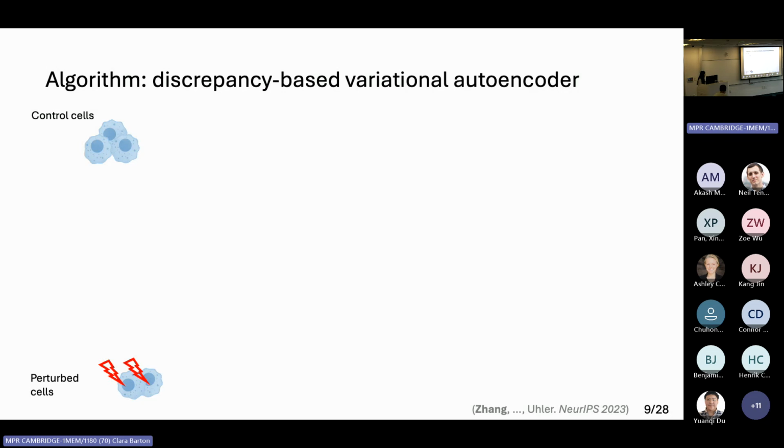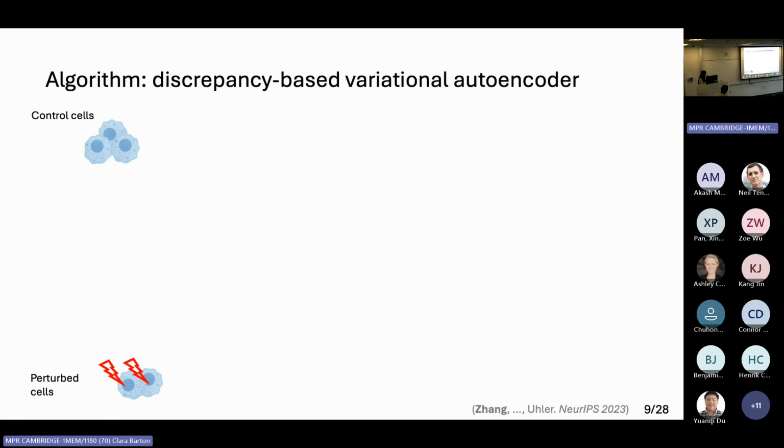Here's what we have access to: a group of control cells and also groups of perturbed cells. And we might have access to multiple different perturbations. So you can imagine that I have this illustration of the red arrows, and maybe another group of cells coming from yellow arrows and green arrows, and so on and so forth.